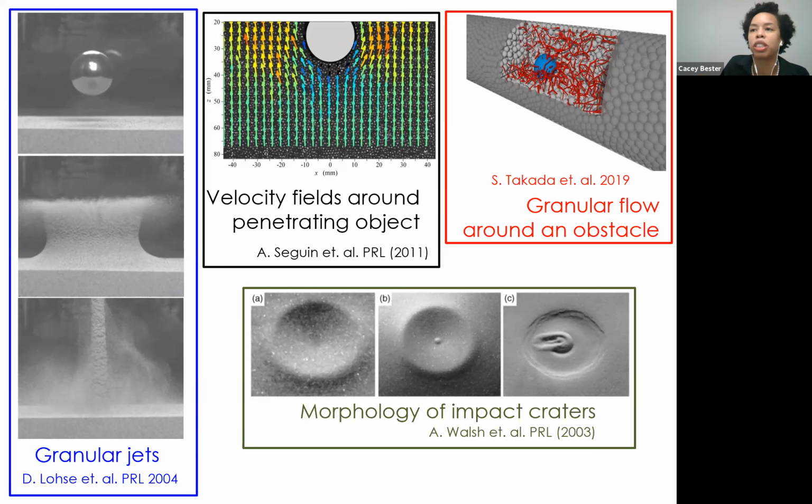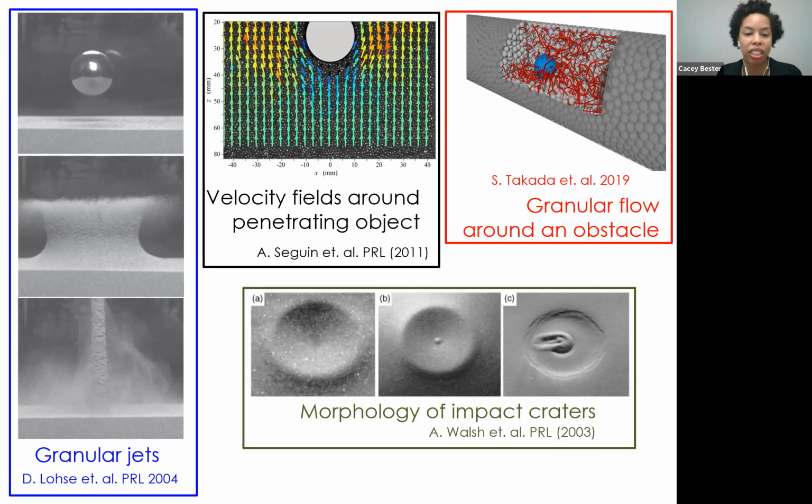The series of images on the left side of my slide here show the impact of a steel ball into a loosely packed bed of granular media. And as the cavity formed by the projectile collapses in, you see a nice granular jet that explodes from the surface, which is a really interesting phenomenon that's very fluid-like.